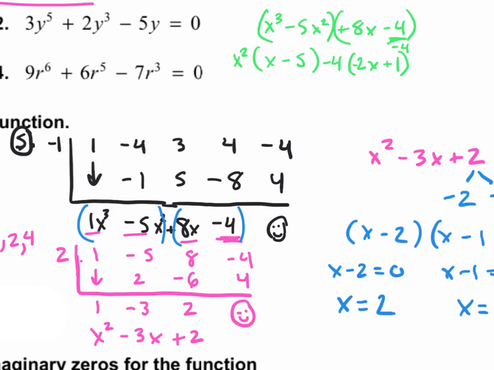So it doesn't just go away. We have to put that 1. But are the insides of our parentheses the same? No, so we cannot group. So if the insides of your parentheses are not the same, you can't group.